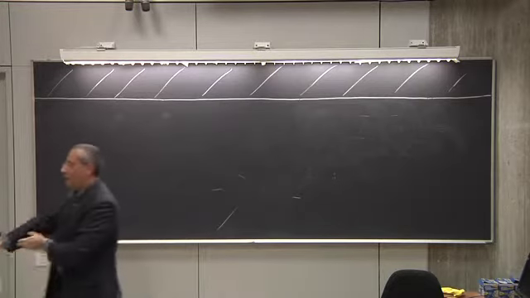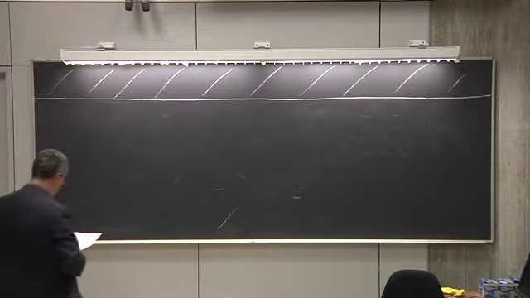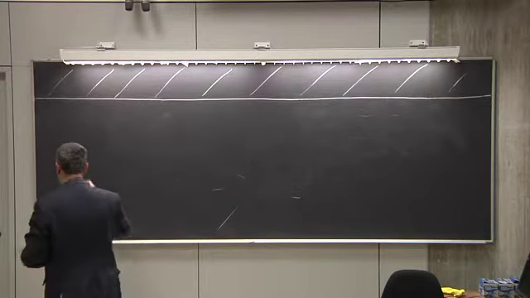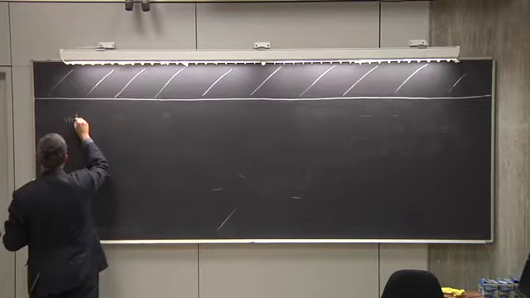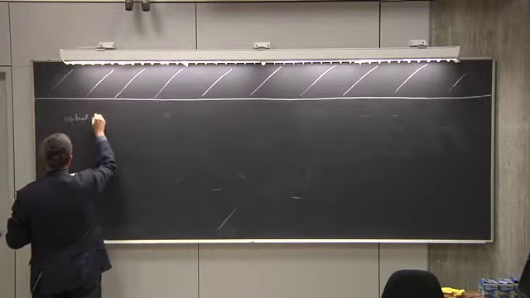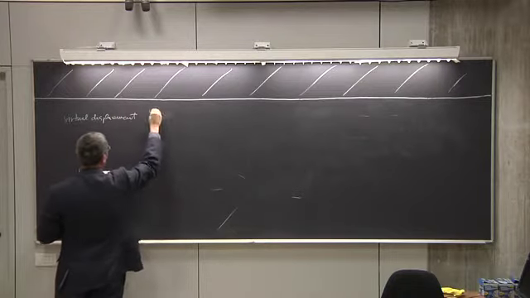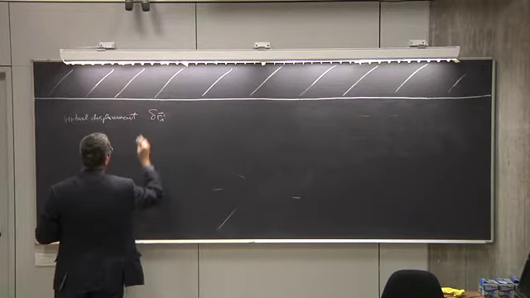Okay, I need one last concept, and then we start deriving these Lagrangian equations. And this is, I don't know if you have heard about it, the virtual displacement that I call delta R_i.